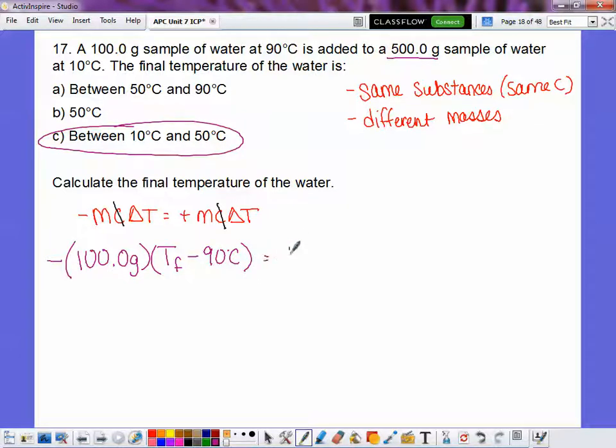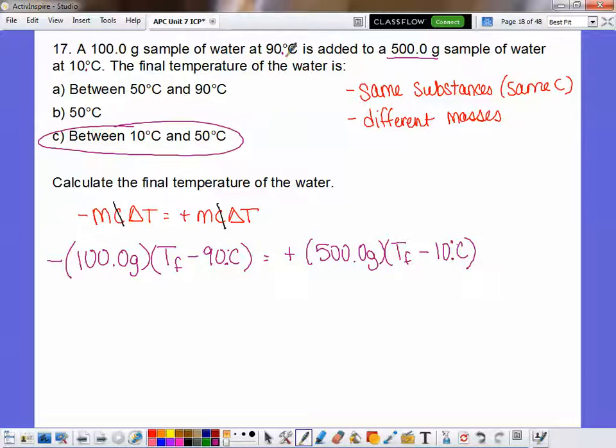And then the 500 gram sample, again, its T final is going to be the same as the T final of the hotter water because they're going to end at the same temperature. It's starting at 10 degrees. And we're going to make this nice and easy and put 2 sig figs on everything just to make it easier for calculations. Okay? So now you just do algebra. Like I distributed my negative 100 through the TF minus 90 and then the positive 500 through the TF minus 10. And then rearranged it all.